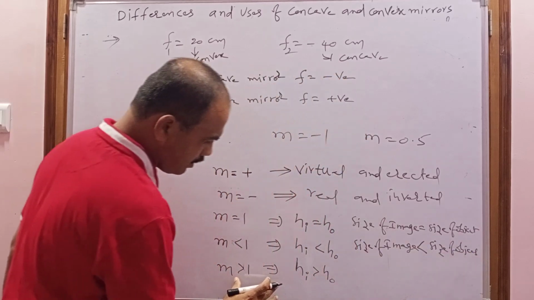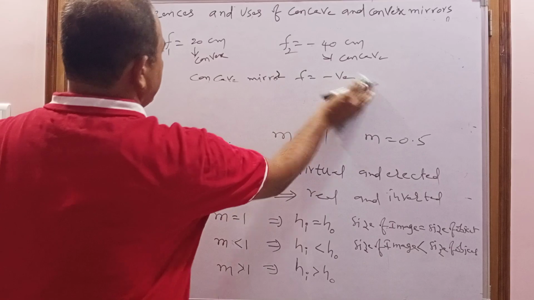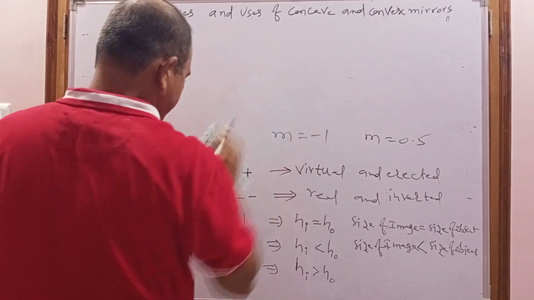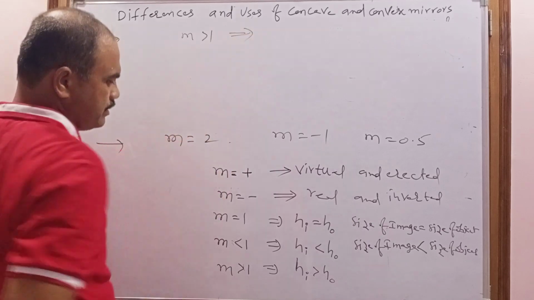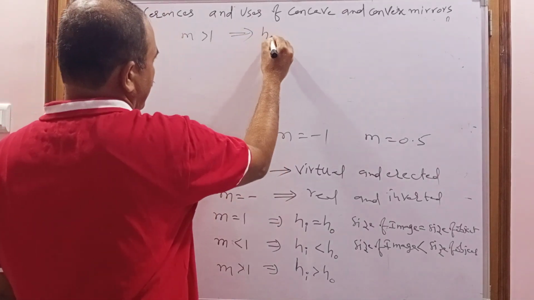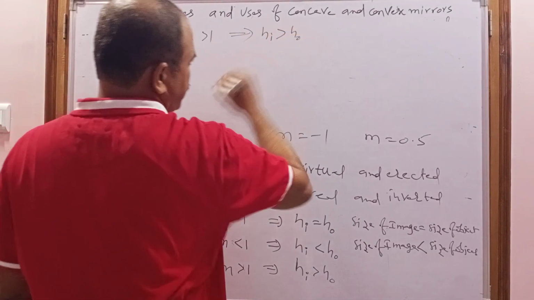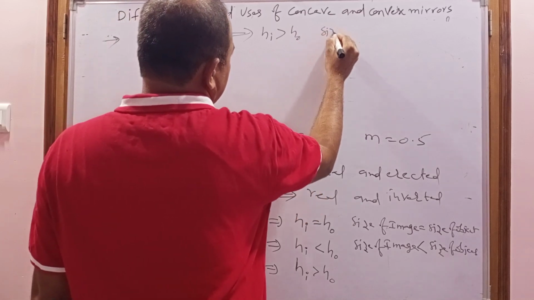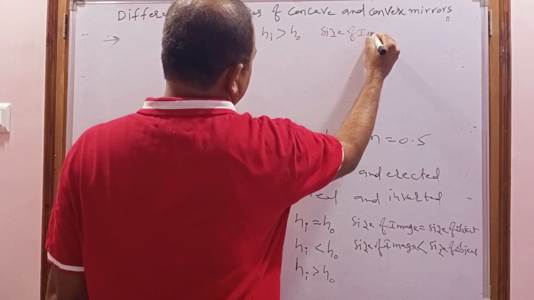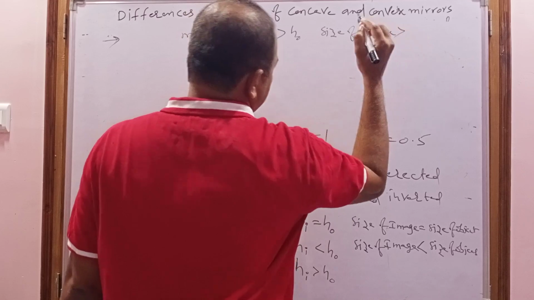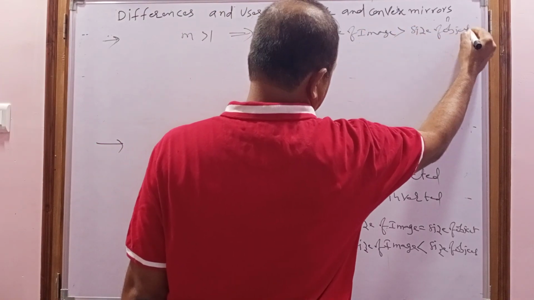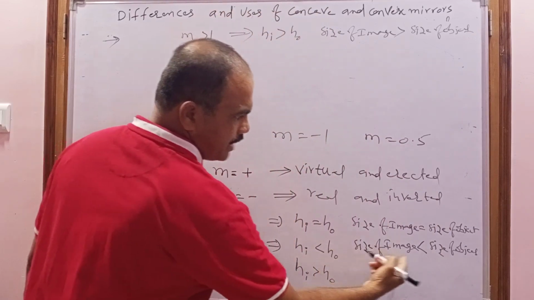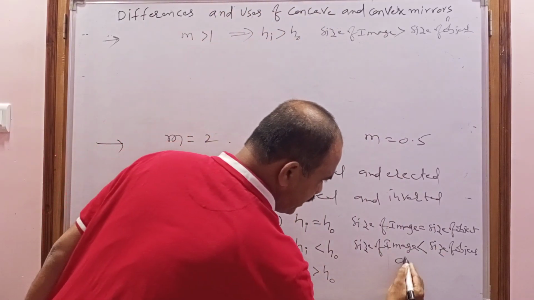If m is greater than 1, the height of the image is greater than the height of the object, so the size of image is greater than size of object. If the size of image is less than size of object, it is a diminished image.